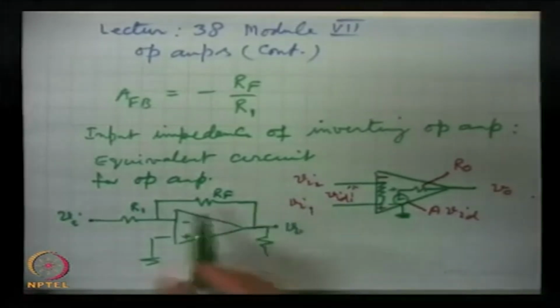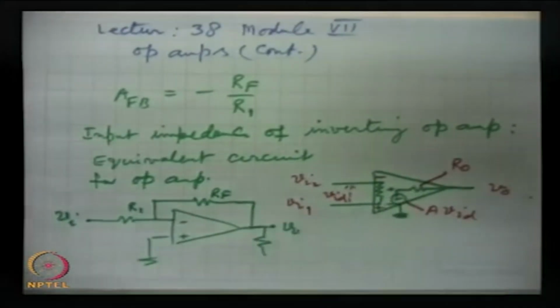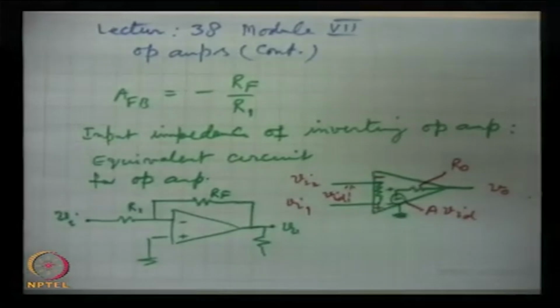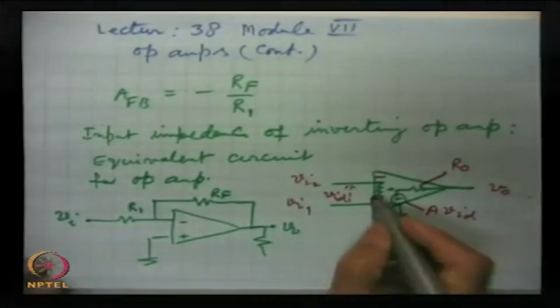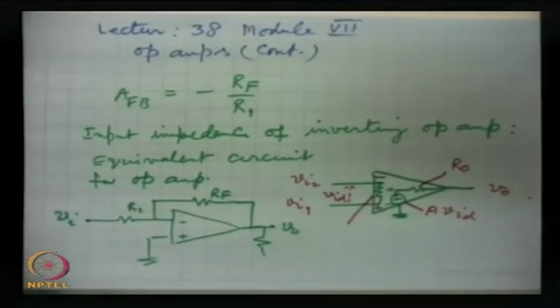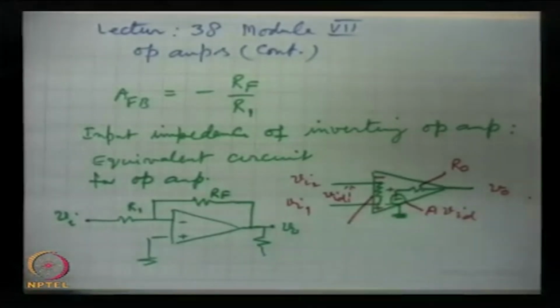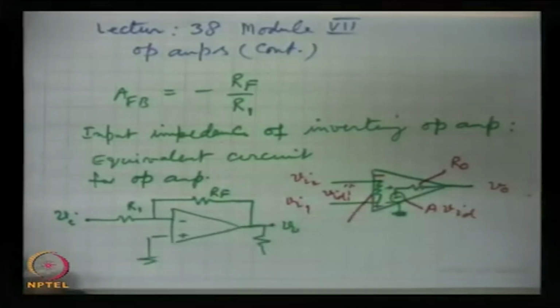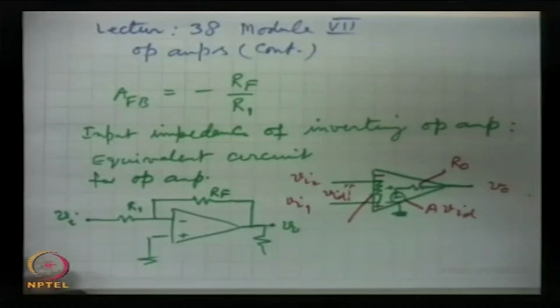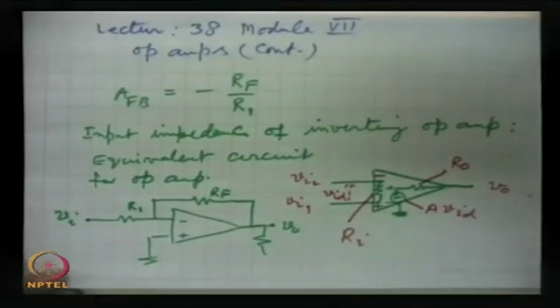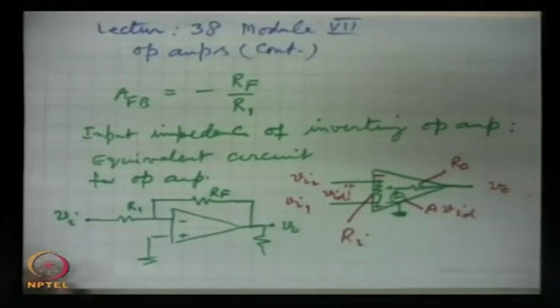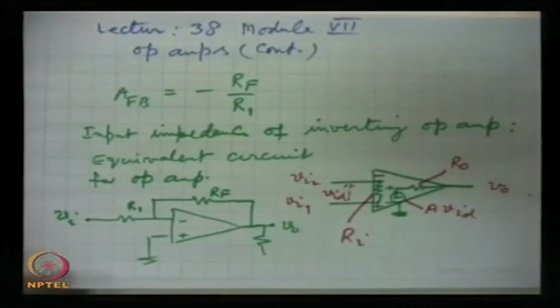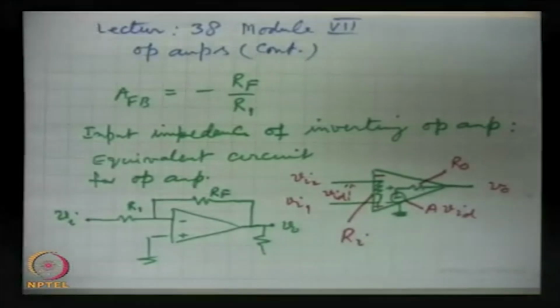Now, this resistance Ri is quite high here. We have been saying that the first stage of an op-amp is a differential amplifier, and a differential amplifier has a very high input impedance. So, this is Ri, and it is more than 1 megohm in general.